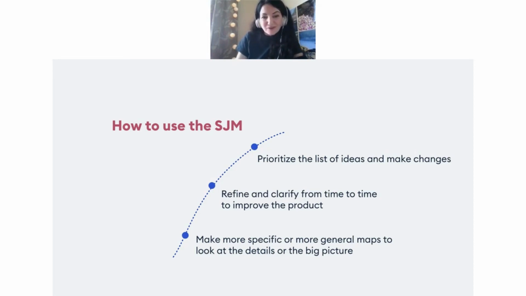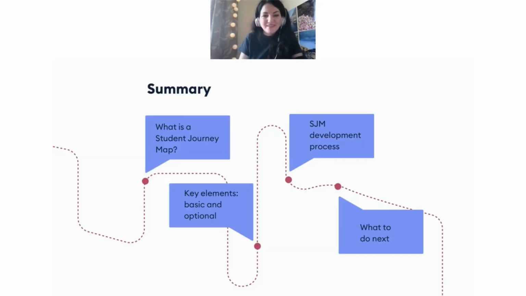So that's actually it for today. Let's take a look at our plan, and you can put some questions, and I have time to answer. In this session, we examined the student journey map.